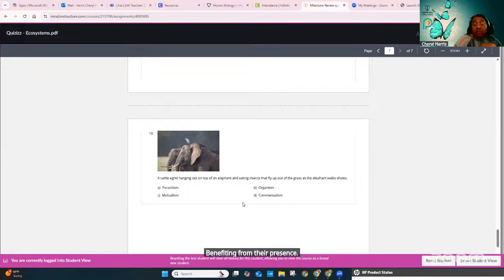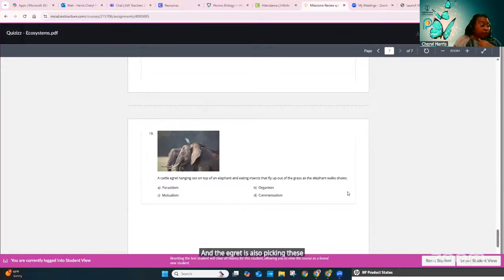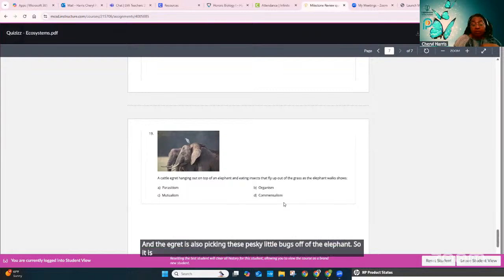Yes, it's commensalism, because the elephant is providing food and a place for the egret to hang out and get the food, and the egret is also picking these pesky little bugs off of the elephant. So it's kind of mutual, but it's more commensalism, because the elephant really doesn't care that they're up there.